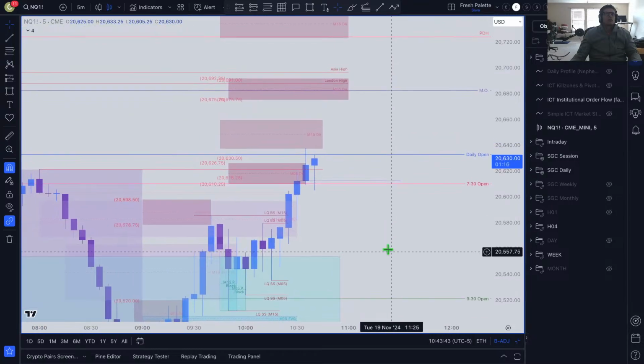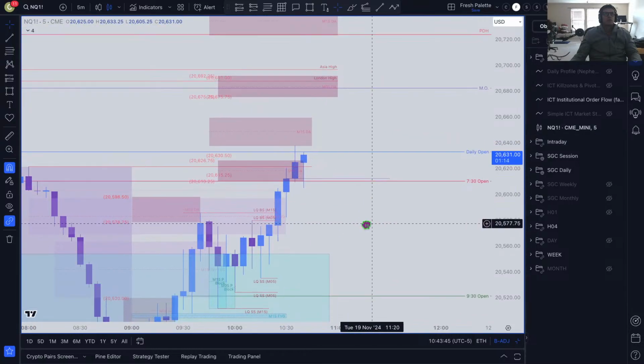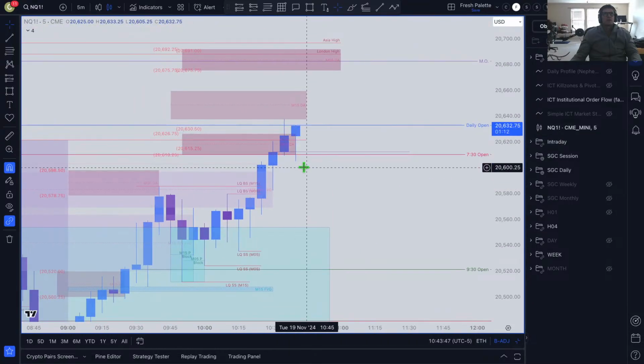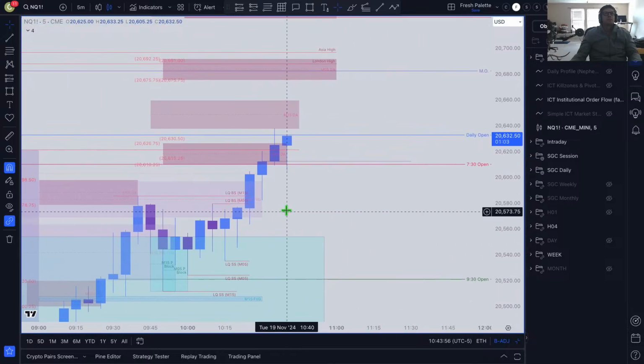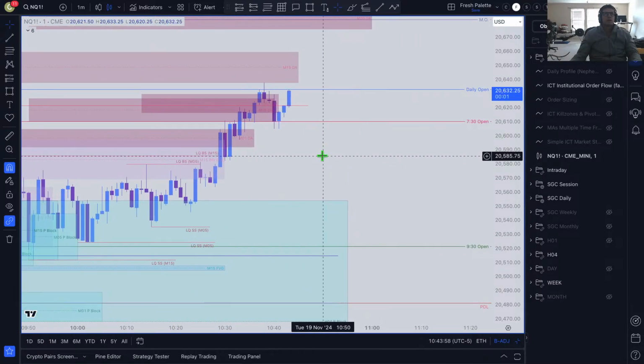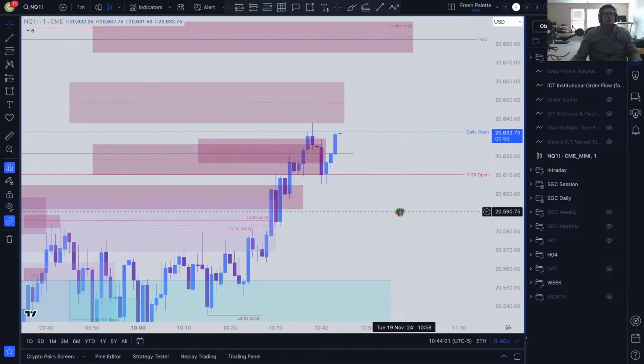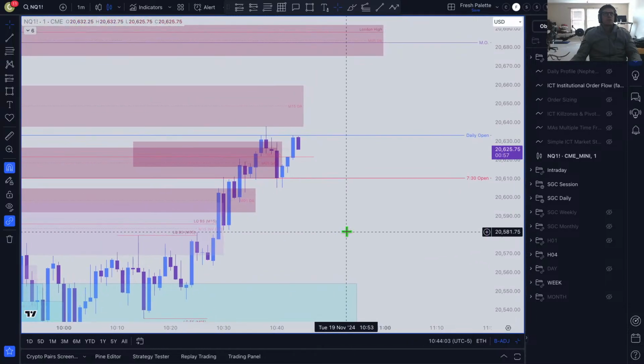All right, so arguably, if we're going to continue, we would close above here at 7:30. That looks a lot like the continuation manipulation on M1 off that 7:30.